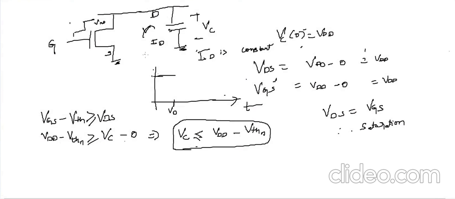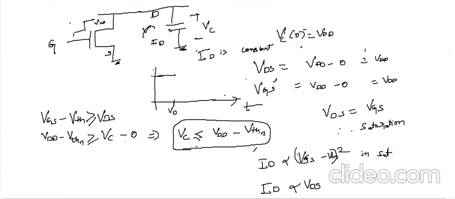After that, the nMOS enters into linear region, so it will drop like this. Why? Because ID is directly proportional to VGS minus VTH whole square in saturation. And here VGS is constant. Why? Because VG is at VDD and VS is 0. And now when the device enters into linear region, now ID will be directly proportional to VDS.